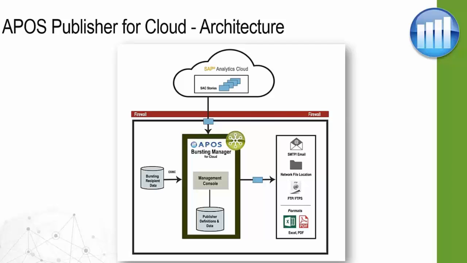We can take in things like email addresses, filters, formats, destination properties. All of those can be taken in from a data source like a SQL database and drive the properties dynamically of that bursting definition. So that gives more volume and scalability on the bursting definition itself. Then the bursting manager engine will process the request and send it out to the destinations and the formats that you require.